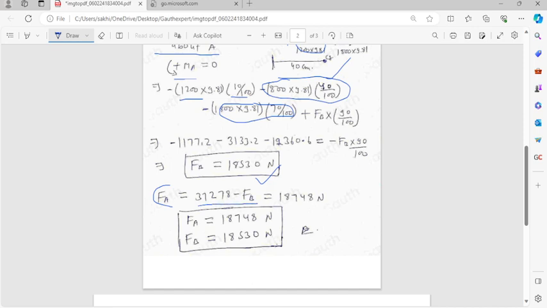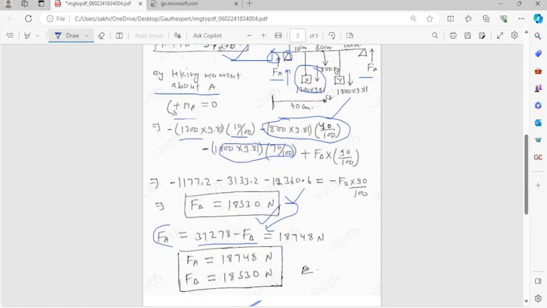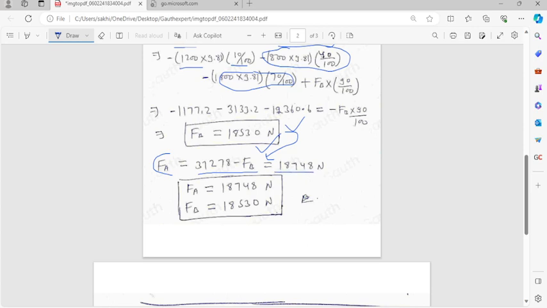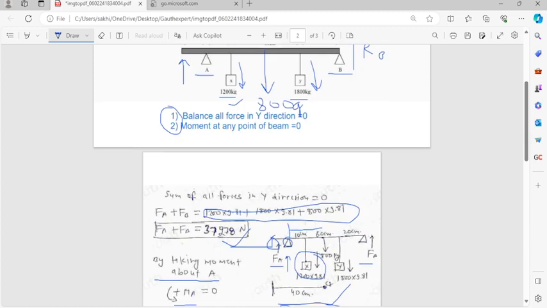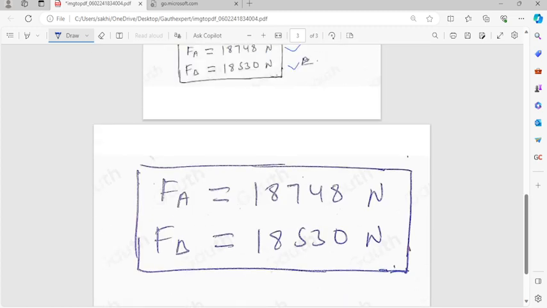We already calculated FB, so we plug this value into the first equation, and we get 18,748 Newton, right? This is an easy and simple procedure to calculate the support reactions at the ends, in this case fixed supports. So you can calculate by this method. These are the final answers.